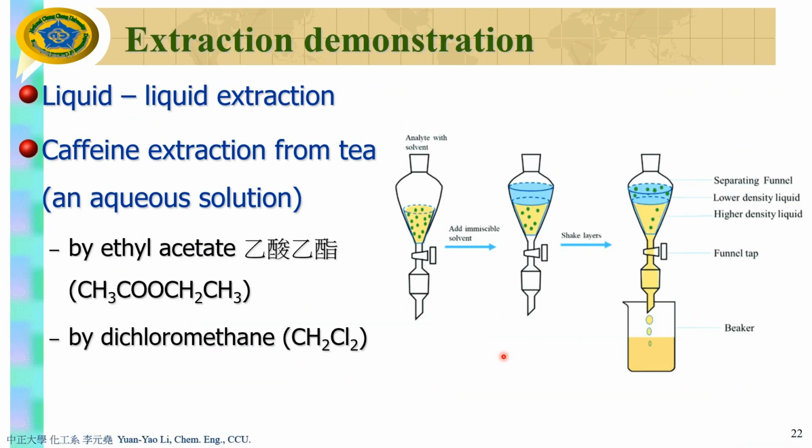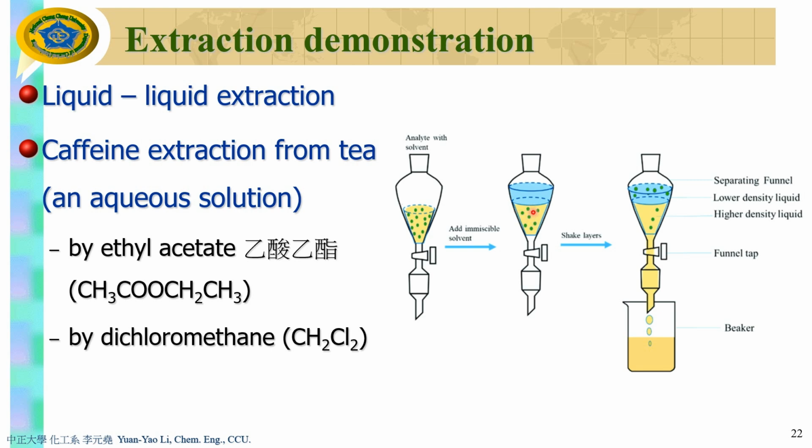So I already showed you a demonstration, right? In liquid-liquid extraction, you have a mixture of A and B, you put a third solvent or third liquid into this mixture, and then you shake it.